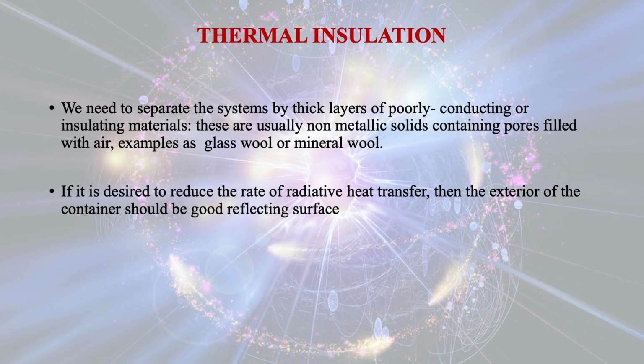Examples are glass wool or mineral wool. If it is desired to reduce the rate of radiative heat transfer, then the exterior of the container should be a good reflecting surface. Now you see that insulation is required for air conditioning systems also.